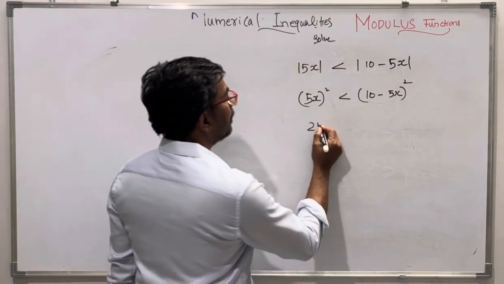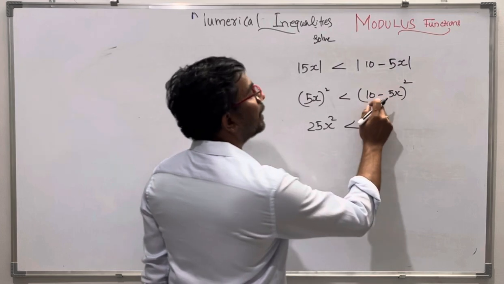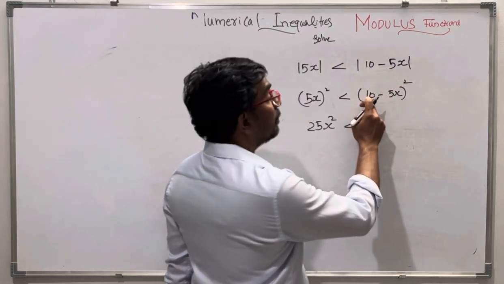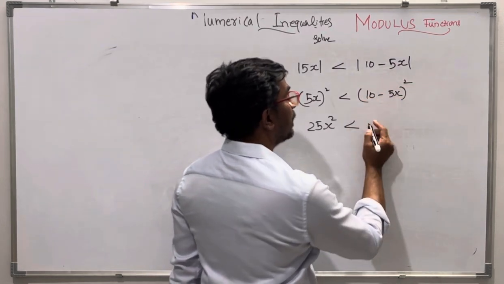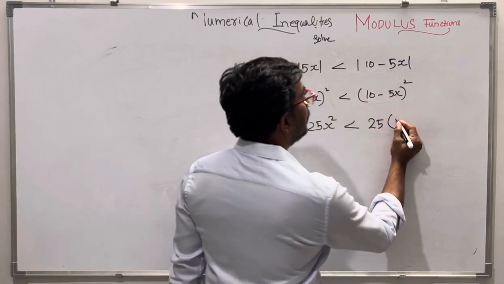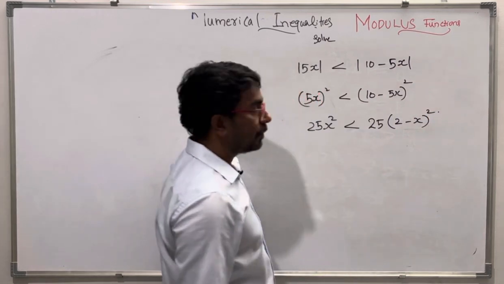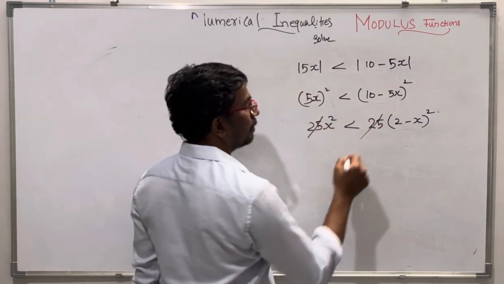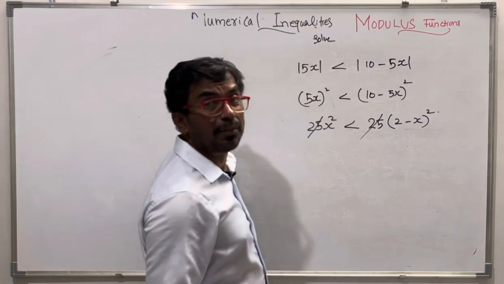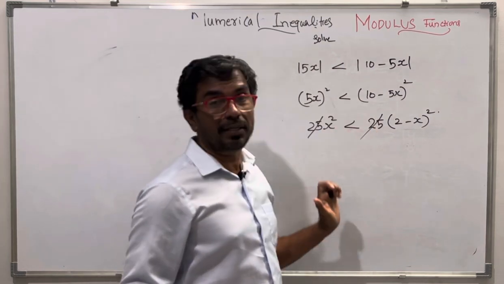This means 25x square less than, from here you can take a 5 common factor. 5 with the square is there, so when it comes out, it will become 25. 5 is taken, then it will be 2 minus x the whole square. Can you write like that? Just to cancel this one, that's all. This cancels. It's a positive number I am cancelling, positive 25 only divided, so the inequality doesn't change.